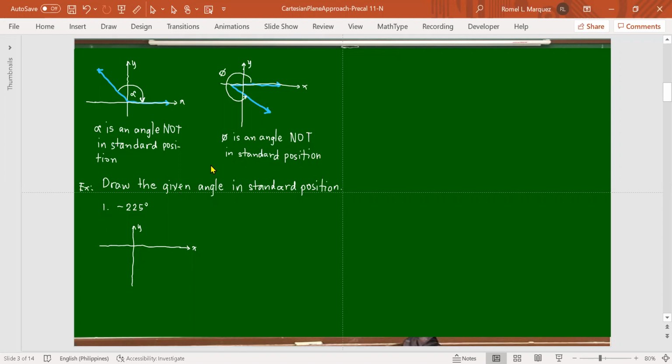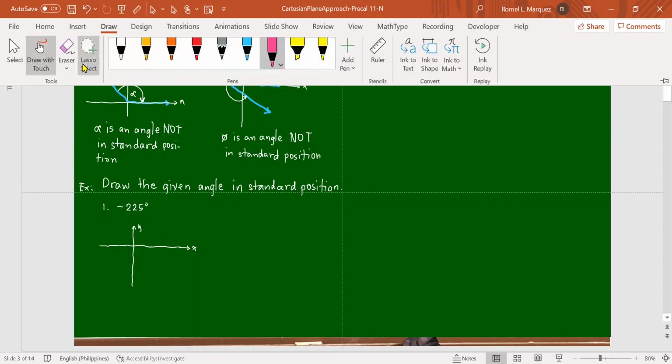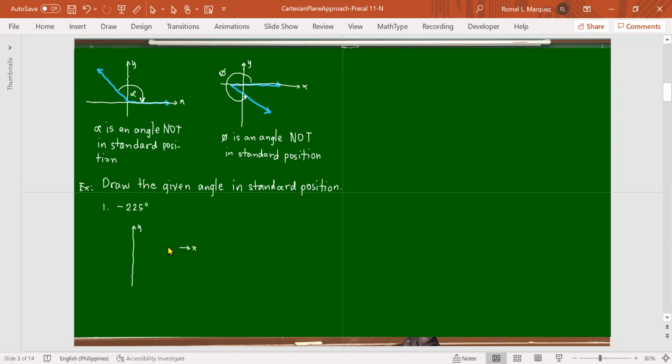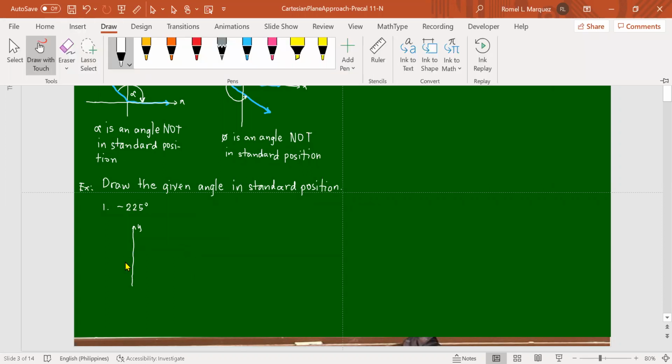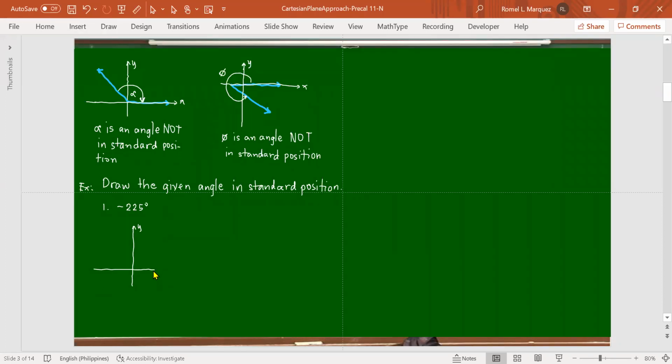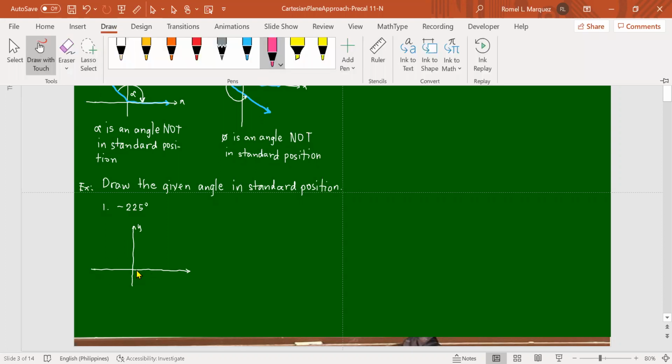Okay, so I think my Cartesian plane is not convenient for the angle that I'm going to draw. So let's move the x-axis a little. In what quadrant will the terminal side fall? What do you think?